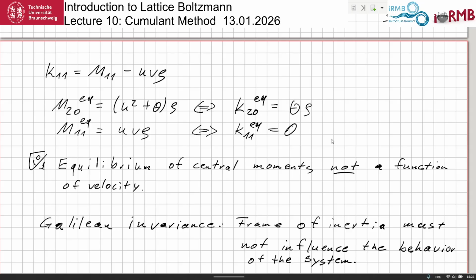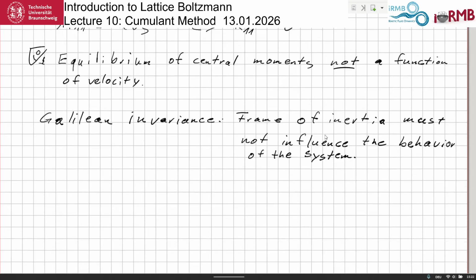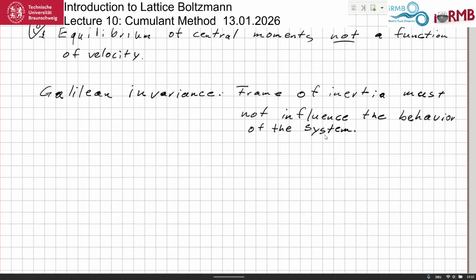So let's do some science and investigate. The question is: is MRT Galilean invariant? We have not checked yet.